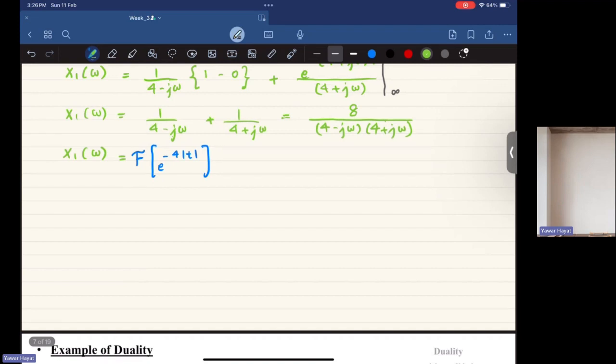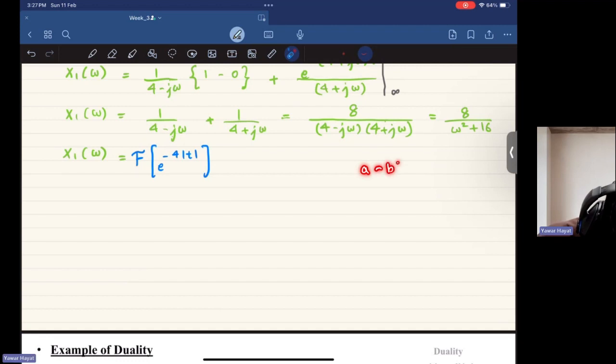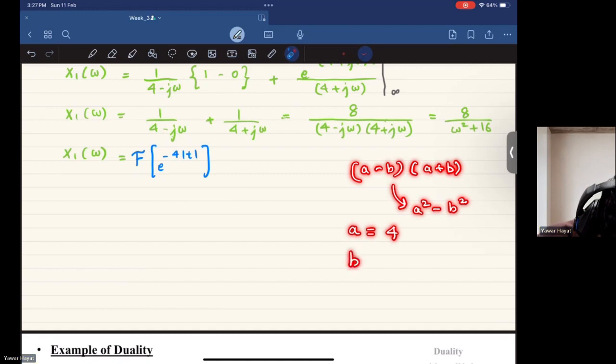And in fact, this is 8 divided by omega square plus 16, right? I use this a minus b times a plus b, this is a square minus b square. Here a is 4 and b is j omega.